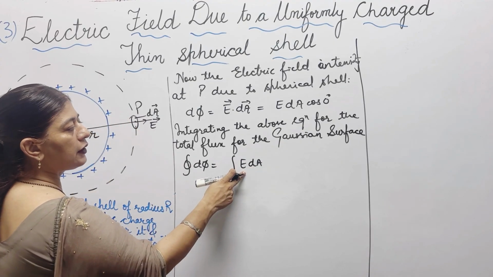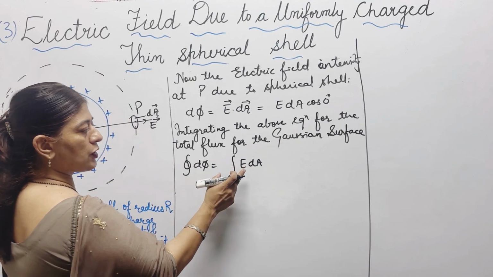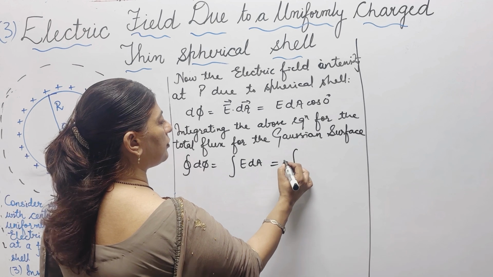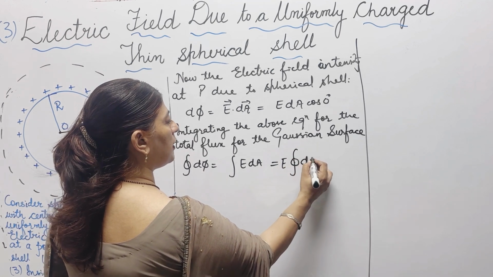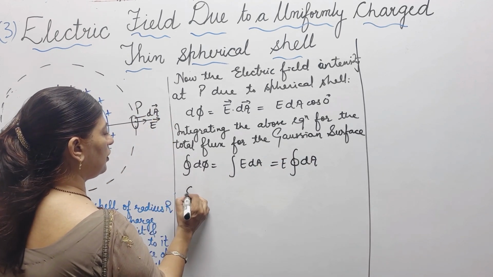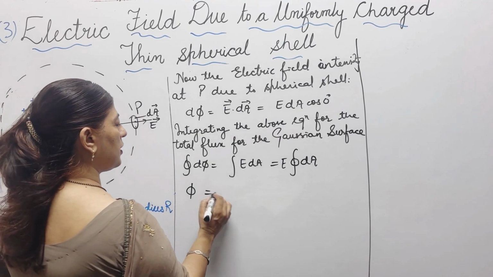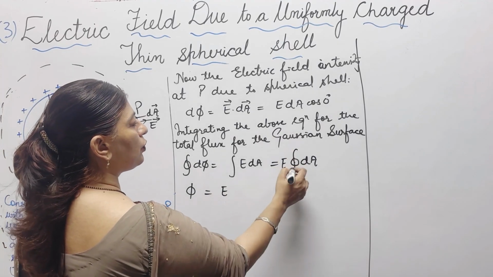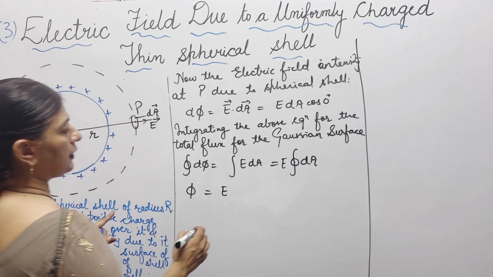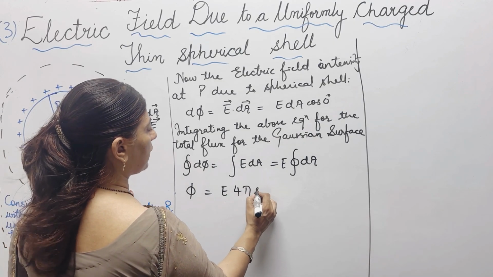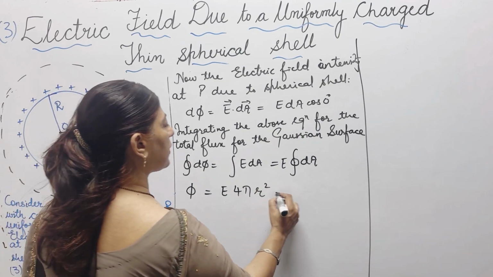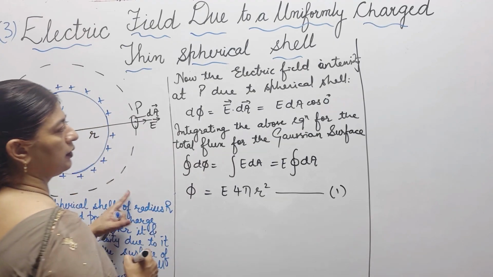Since electric field is uniformly distributed, it is a constant quantity, it can be taken outside, and the total area of the spherical surface is 4 pi r square, so phi equals E 4 pi r square. Mark it as equation number 1.